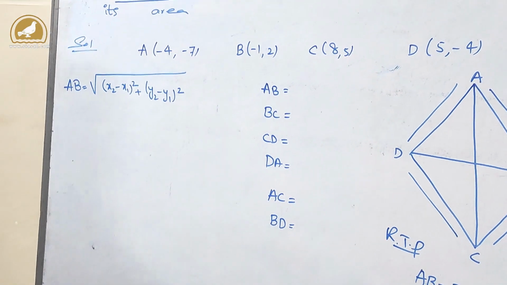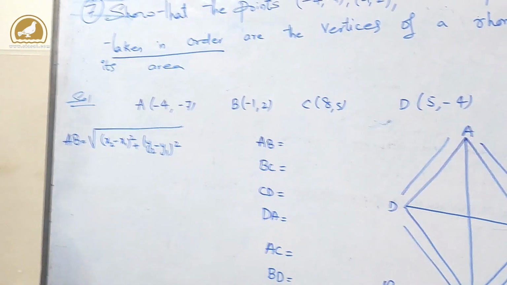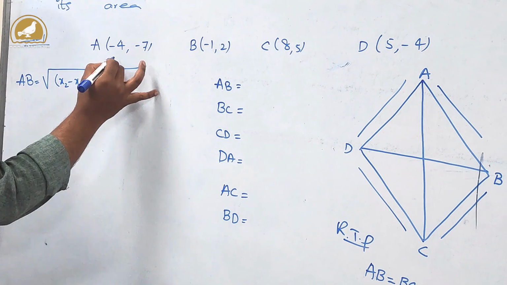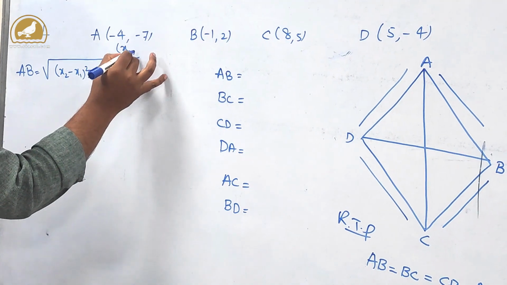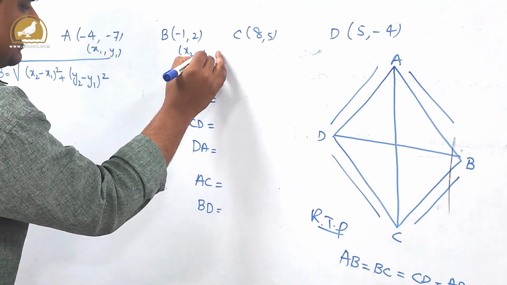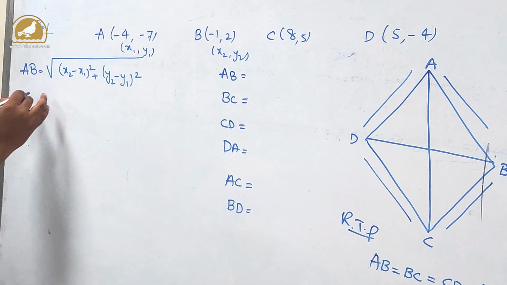For A and B, A will be x1, y1 and B will be x2, y2.